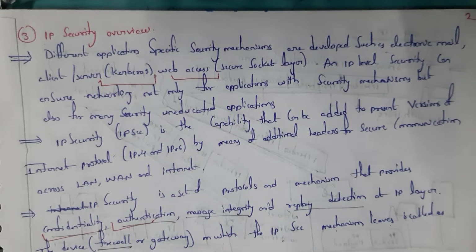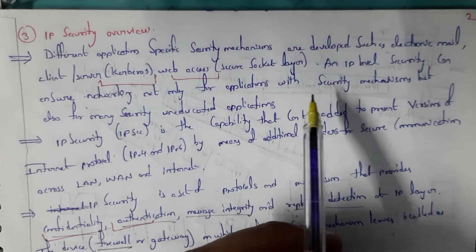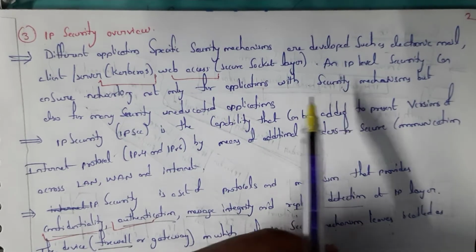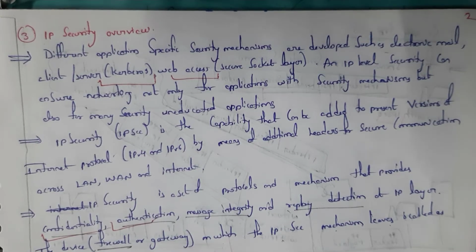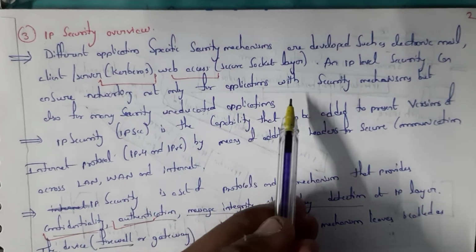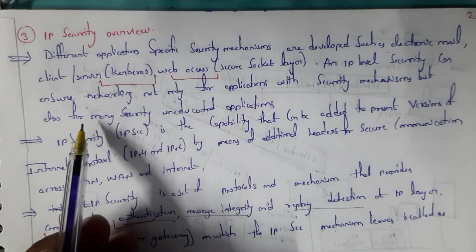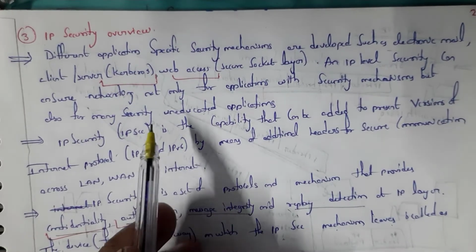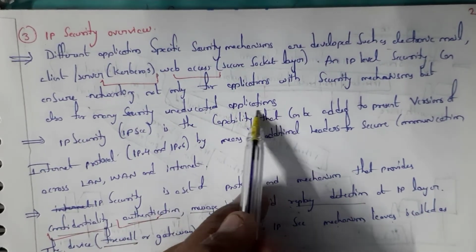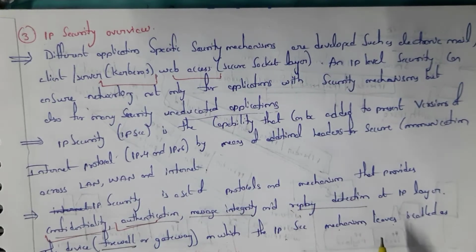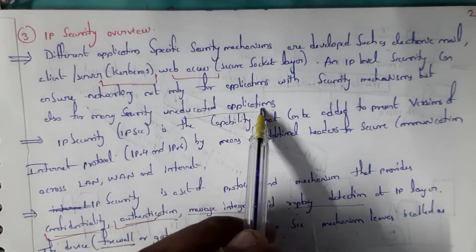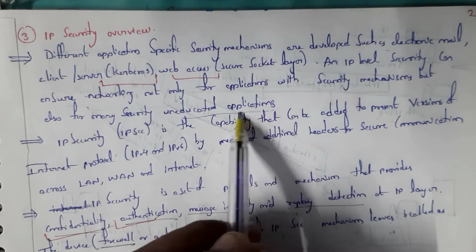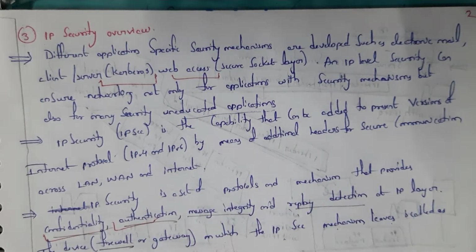It provides security to applications as well as to security unaware applications. Many of the applications do not know about security. For this kind of applications, IP security provides security.